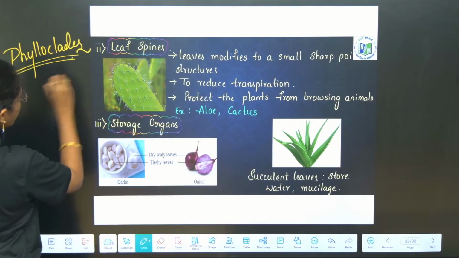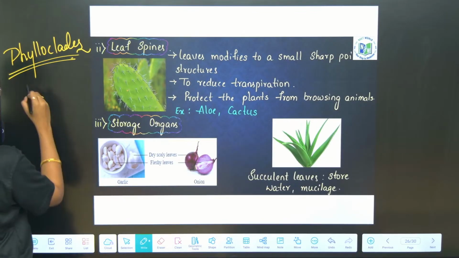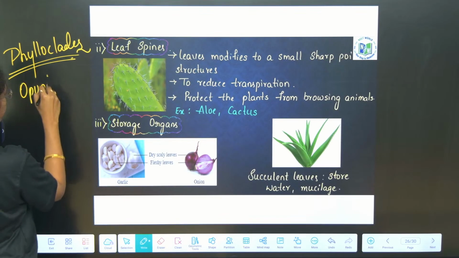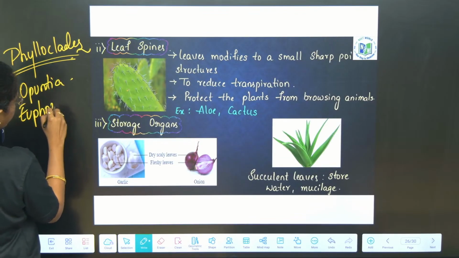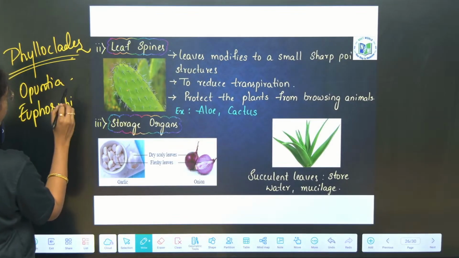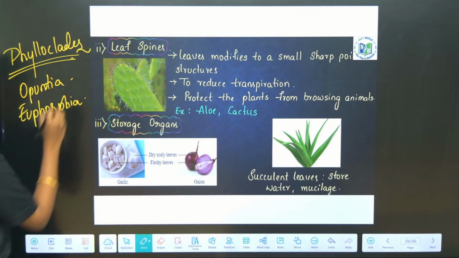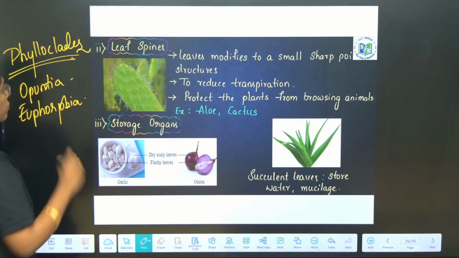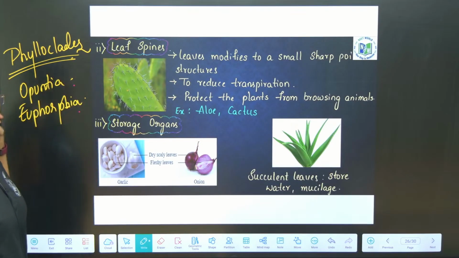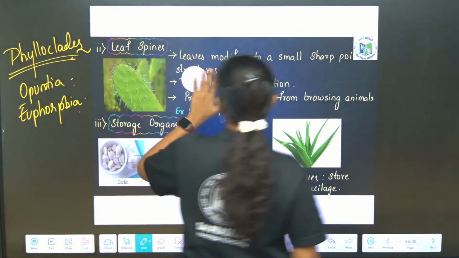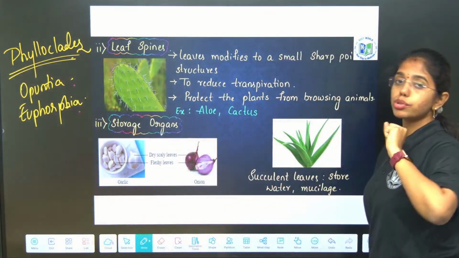Okay, where you can take examples like Opuntia and Euphorbia, where the stem is modifying to fleshy flattened or fleshy cylindrical structures, and leaves are reduced to spines here. This is to reduce transpiration.